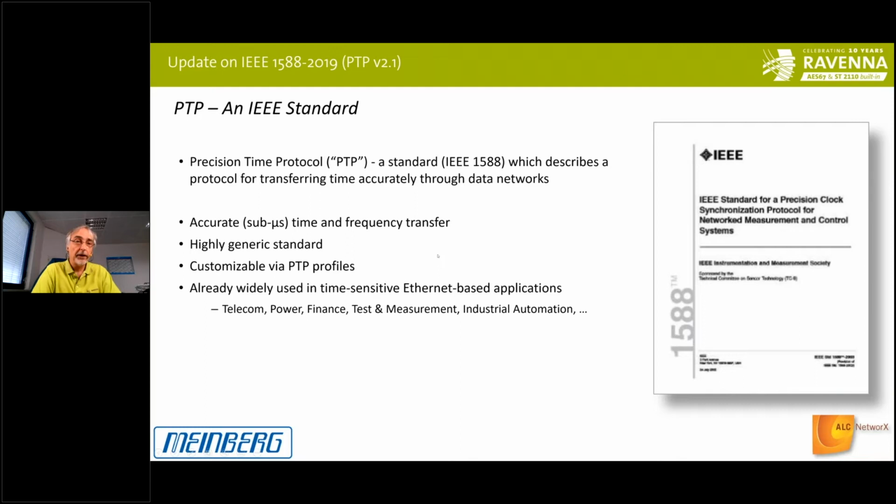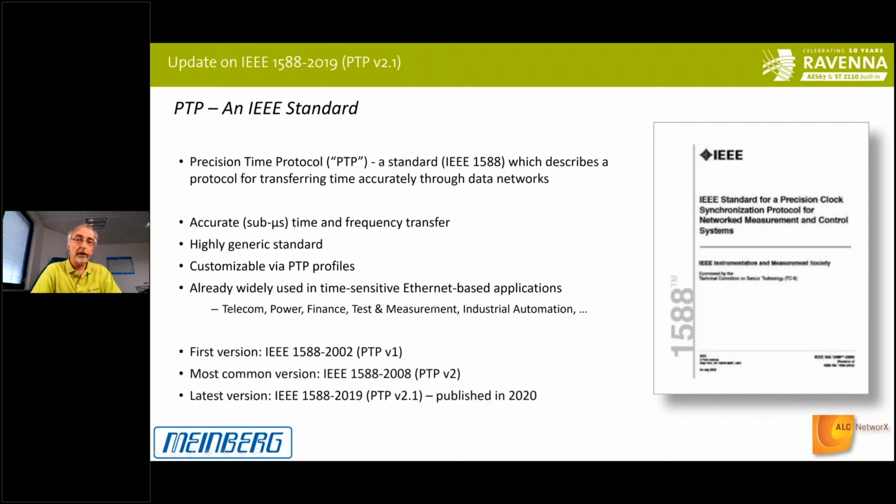It's very generic, so it can be applied to a large number of applications and industries, and it does this through the option of having PTP profiles. The first version was published in 2002, PTP version 1. The follow-up version was PTP version 2 in 2008, and the latest revision has been published this year, but has been finished in 2019, PTP version 2.1.